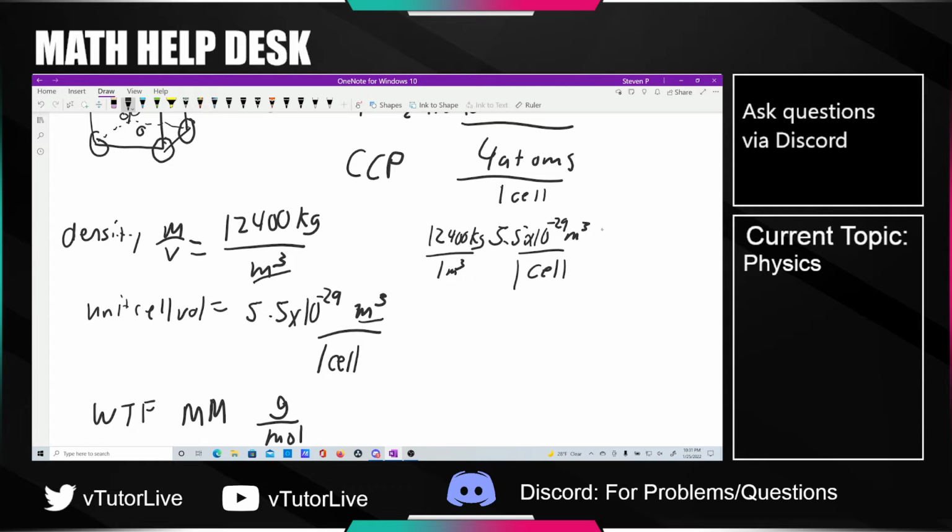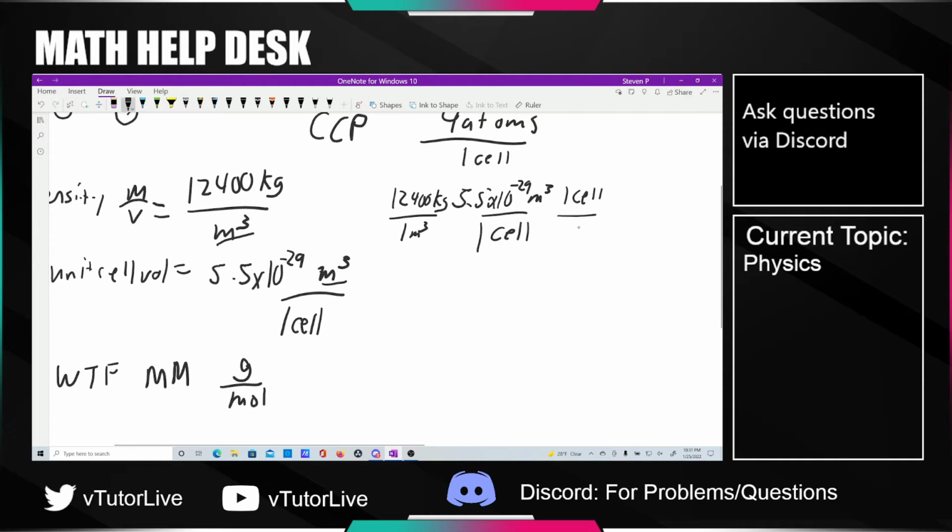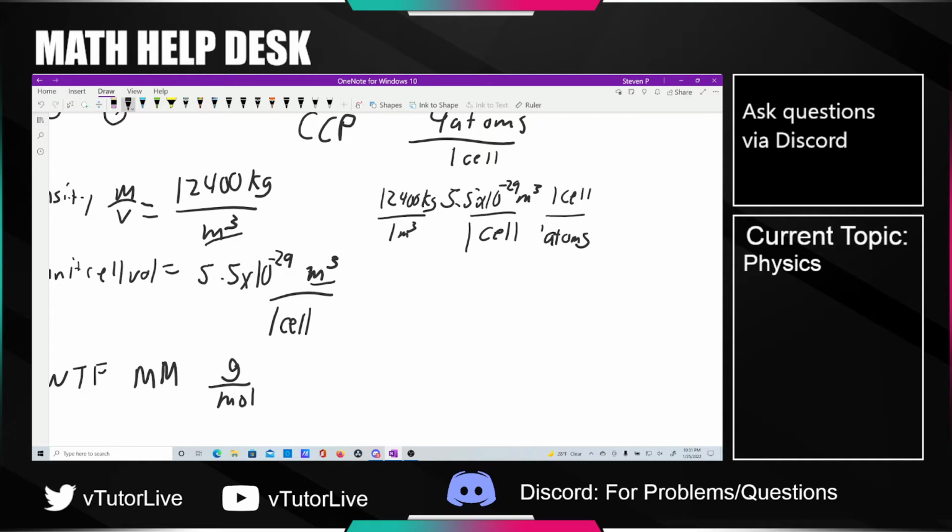So this is going to be one cell divided by 4 atoms, right? Oh, okay, now I understand. One cell over 4 atoms. And then, are we calculating Avogadro's number or are we calculating molar mass? Molar mass, right? So you multiply by Avogadro's number, so over that's one mole to get 6.022 times 10 to the 23rd atoms over 1 mole.